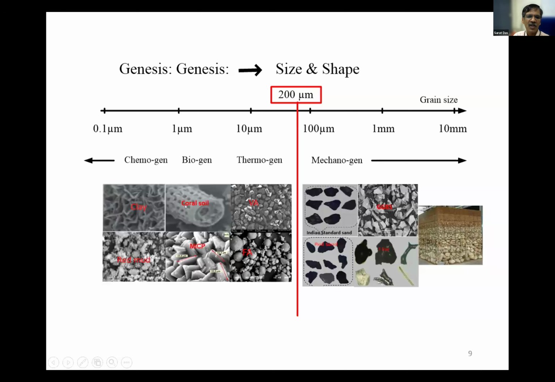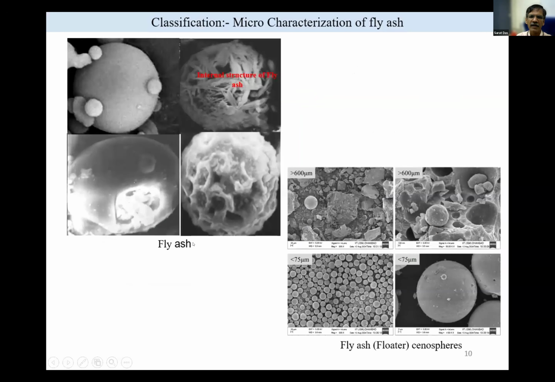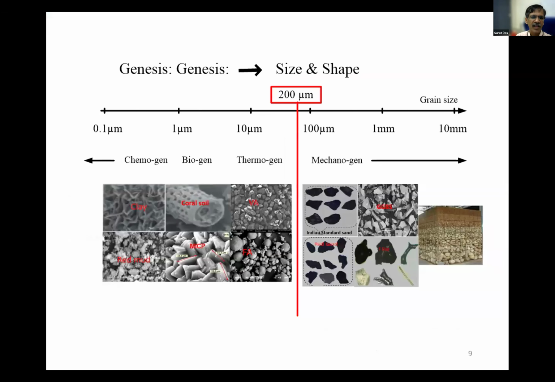Now similarly, some of the processes are biogenesis. That is your calcium carbonate compound, which we are now able to identify and get through processes. And third is chemical genesis.